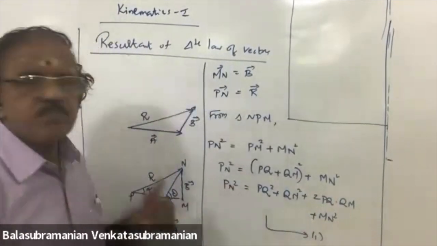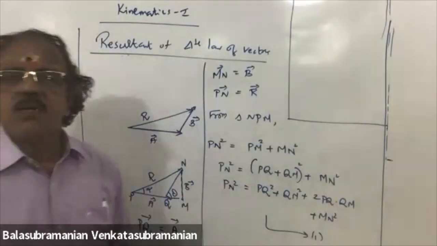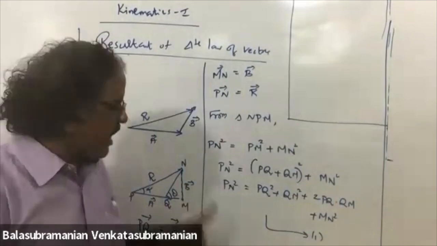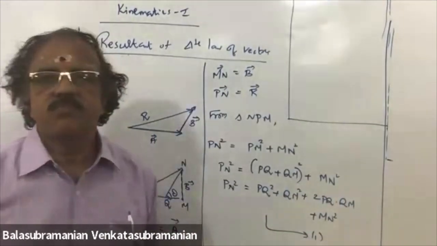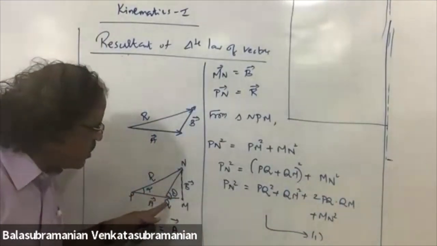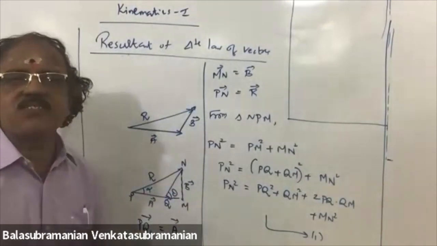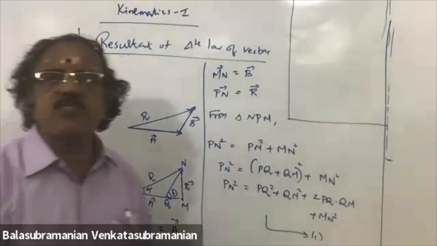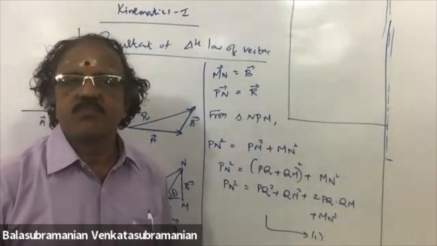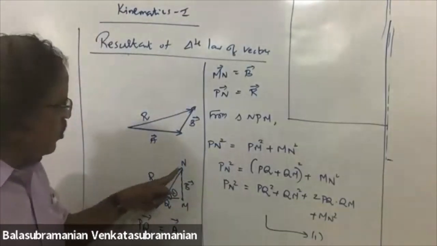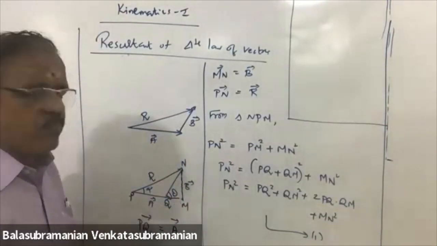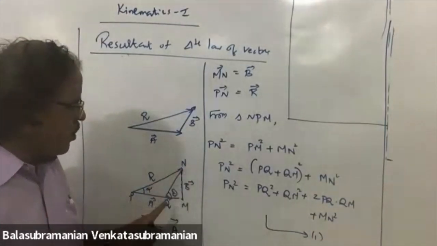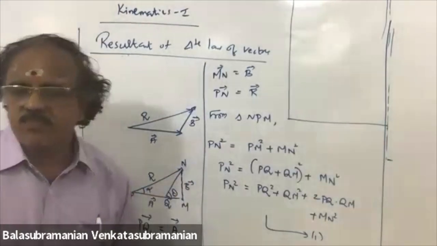Equation 1. Now we have to calculate QM and MN. For this theta, QM is the adjacent side, and MN is the opposite side. So calculate using triangle NQM, sin theta and cos theta. Calculate these two, QM and MN.